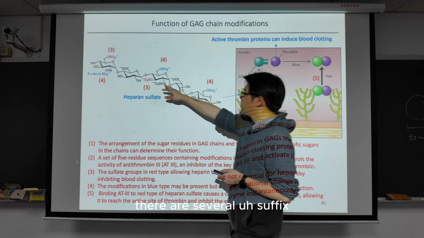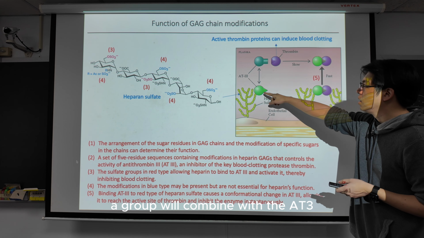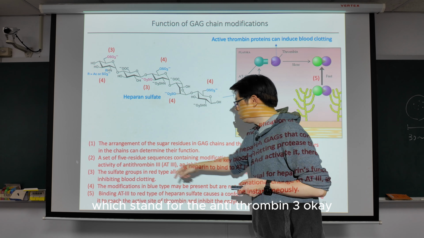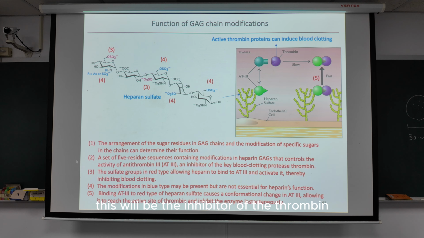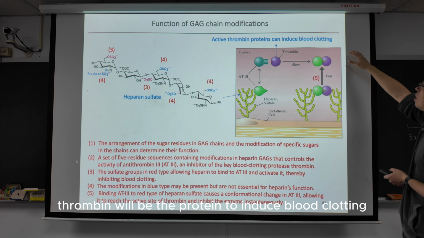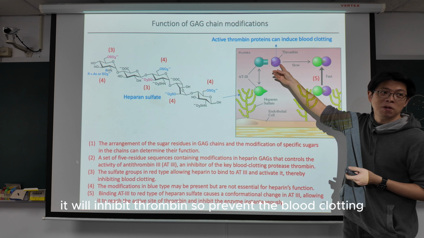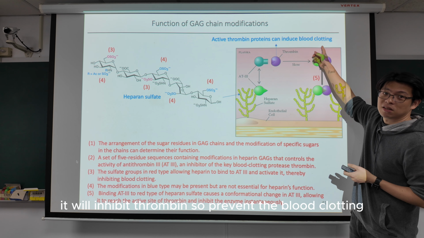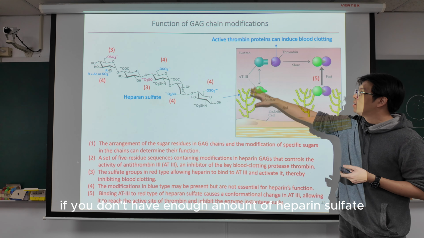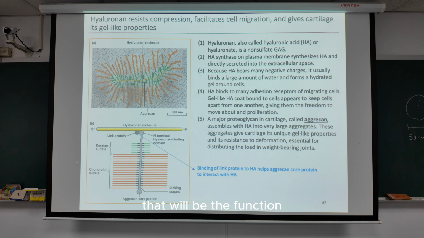There are several sulfate groups that can bind with AT3, which stands for antithrombin 3. This is the inhibitor of thrombin. Thrombin is the protein that induces blood clotting. So if you activate antithrombin, it will inhibit thrombin and so prevent blood clotting. If you don't have enough heparan sulfate, you will trigger blood clotting. That will be the function.